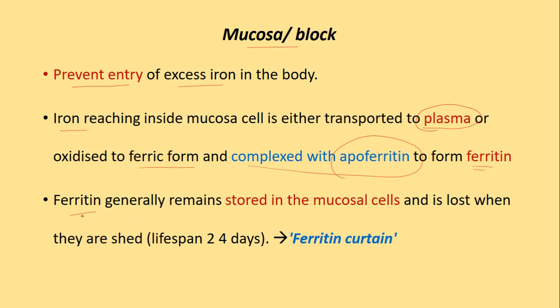This ferritin is generally stored inside the mucosal cells and will be automatically shed off after 2 to 4 days, because the lifespan of ferritin is 2 to 4 days. This is called the ferritin curtain.